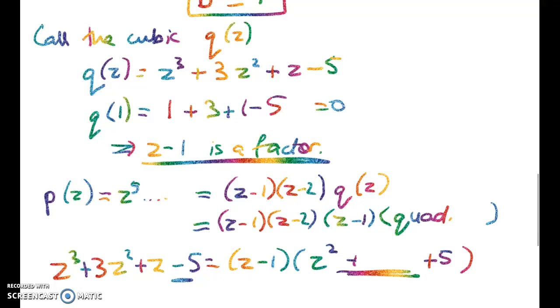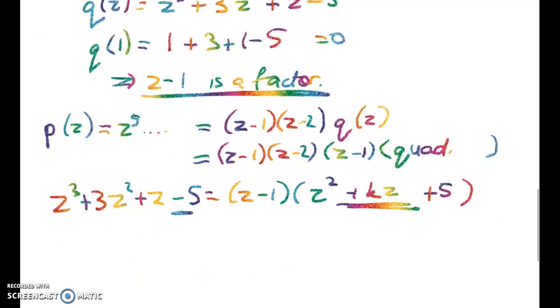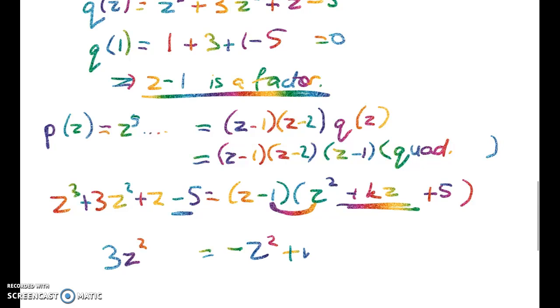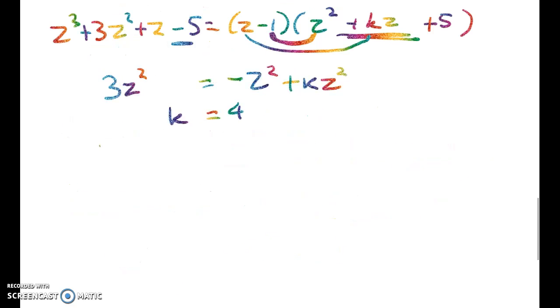So let's call that just kz. We're going to match again. Let's see. Match on the 3z squared. 3z squared must come from this negative z squared plus kz squared coming from in here. So k equals... Okay, so k equals 4.